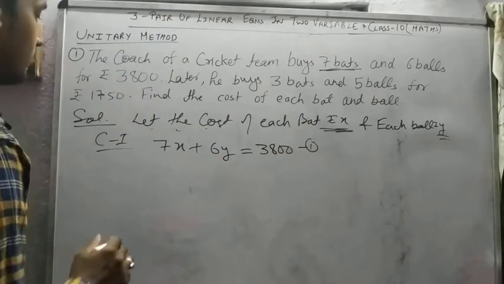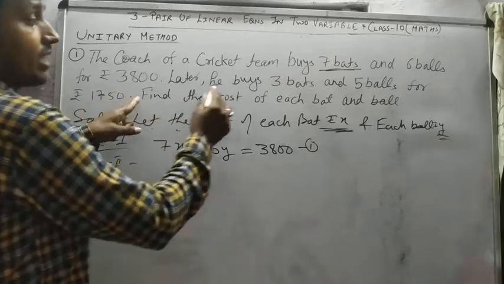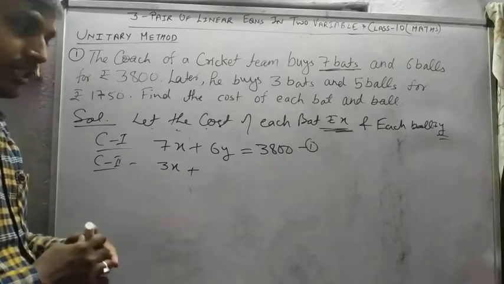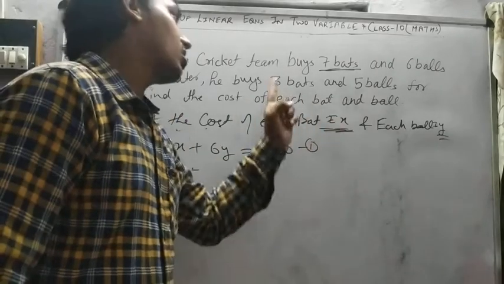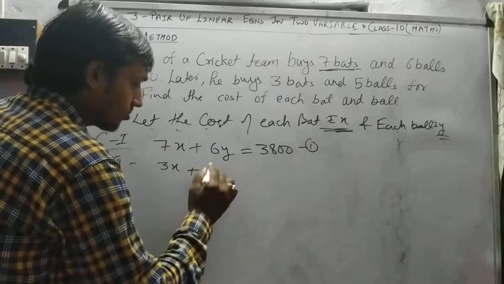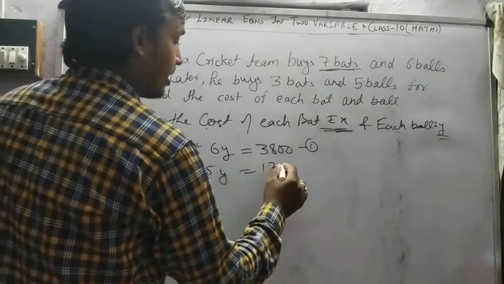Then case second: later he buys 3 bats, 3x, same unitary method, one bat costs x, 3 bats cost 3x, 5 balls cost 5y, that is 1750.